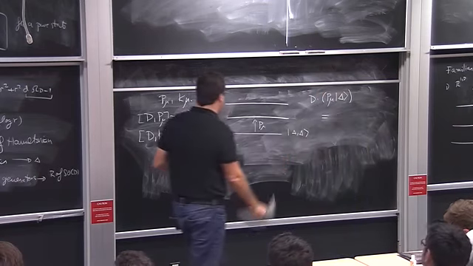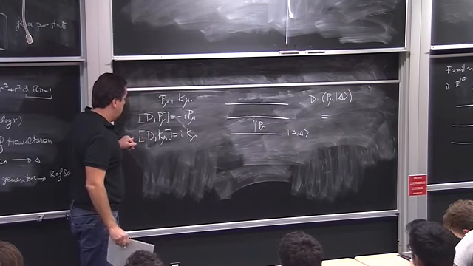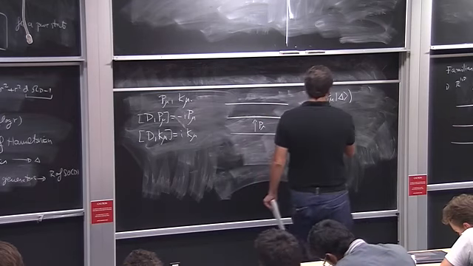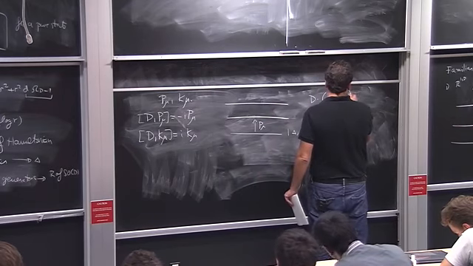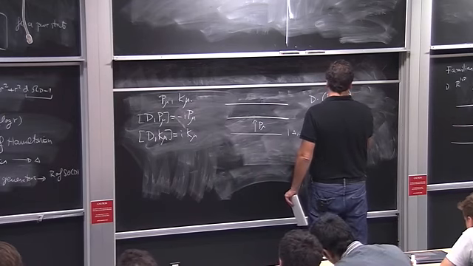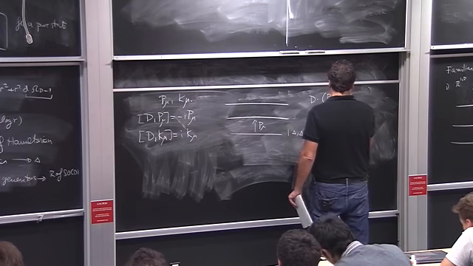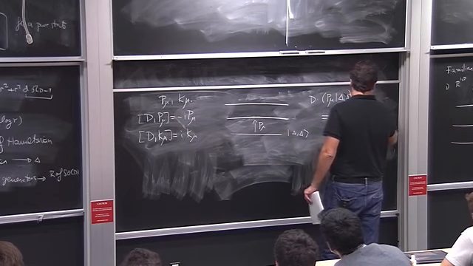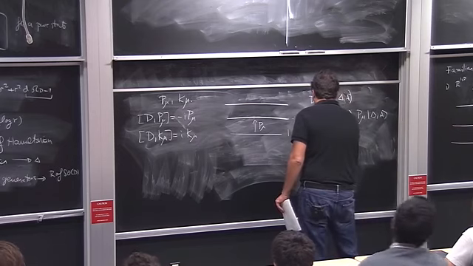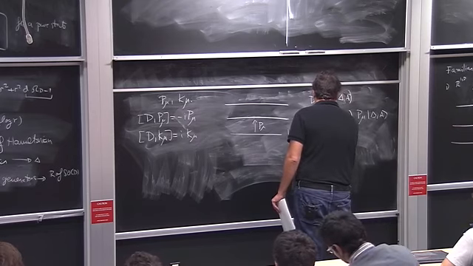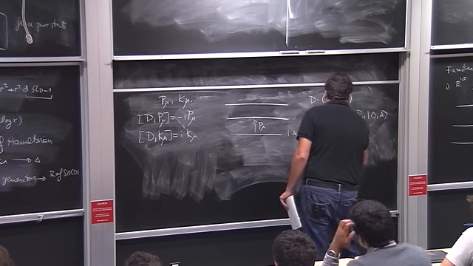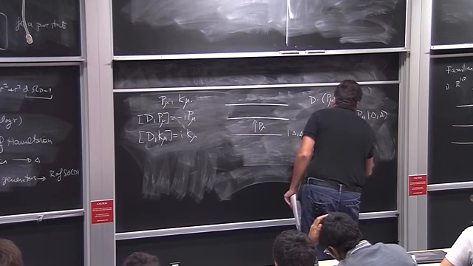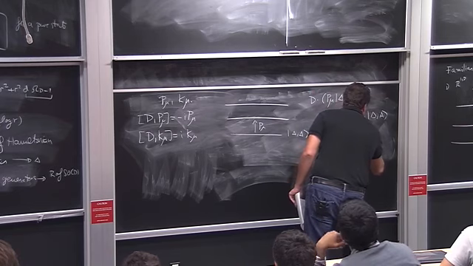It just follows trivially from here that this will have dimension raised by one, while if I act with K mu, the special conformal generator, it will lower the dimension by 1.